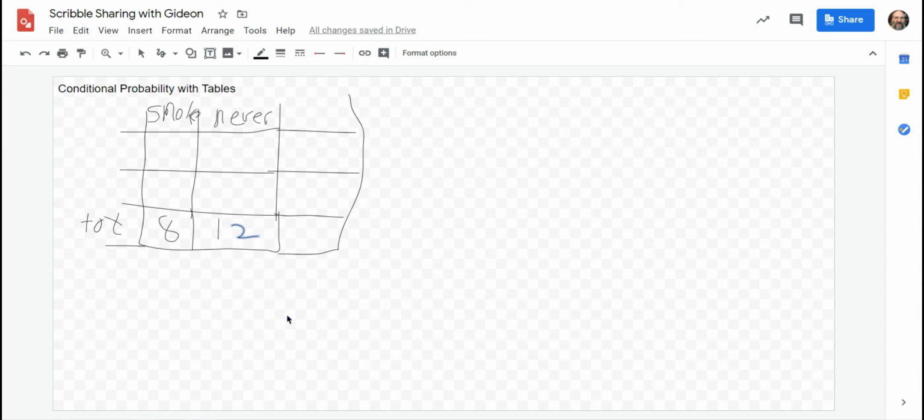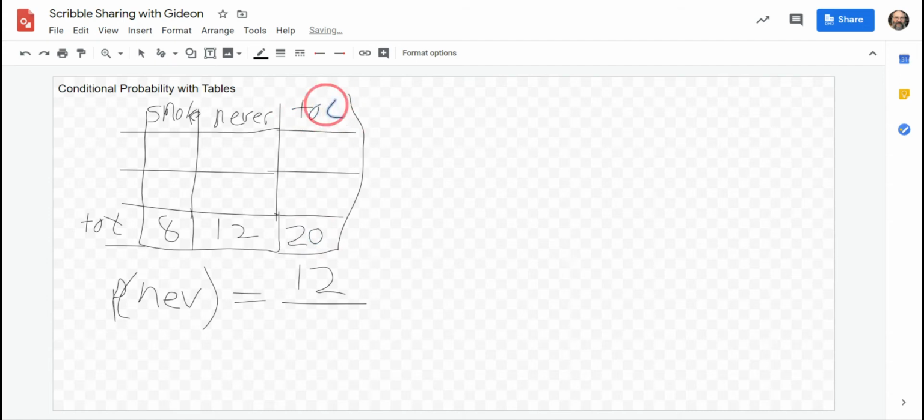If I just ask you what percentage of people never smoked, it's easy because you're saying, oh, 12 never smoked. Probability of never equals the size of never divided by the whole sample space. You wouldn't divide by 8, you divide by the 8 plus 12, which is the total. So there's another total.